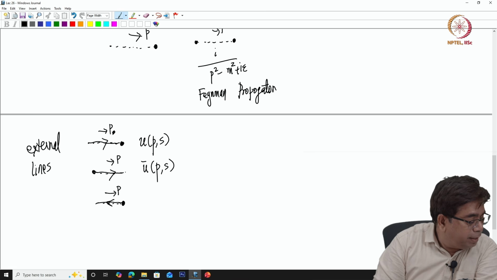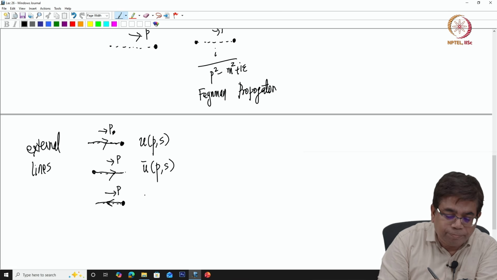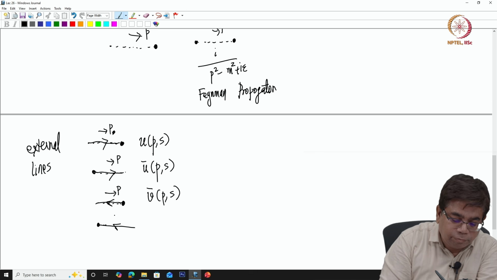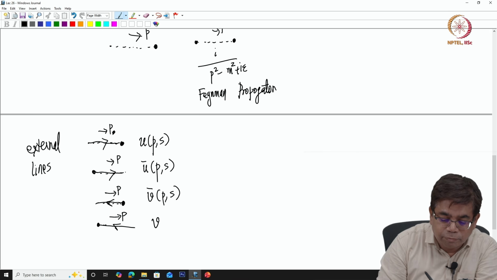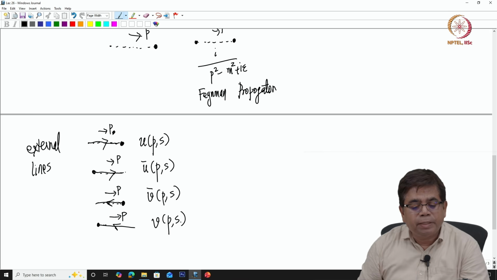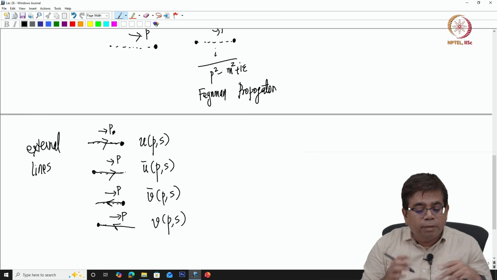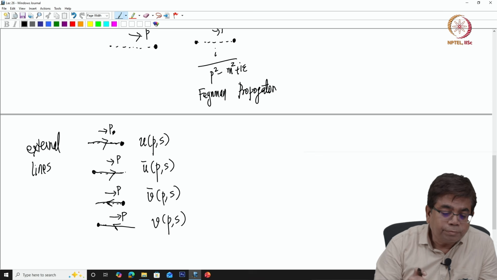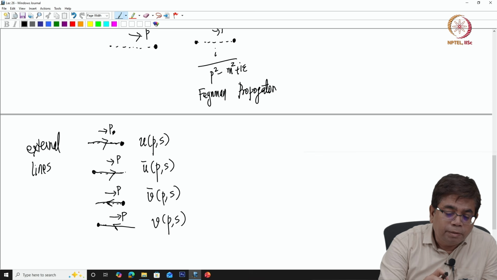So the incoming antiparticle is given by V bar of s, P, and an outgoing antiparticle picks up the spinor V of s, P. See this carefully, you have an incoming particle which is given by u of s, P and an incoming antiparticle.